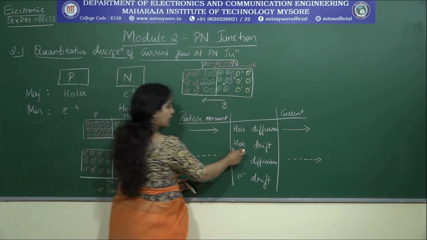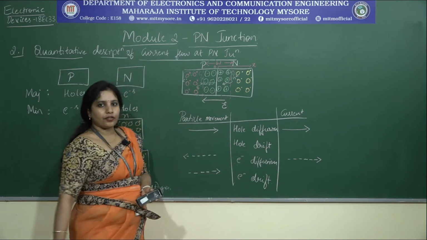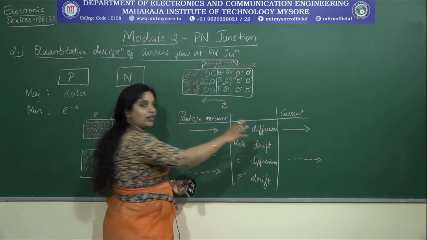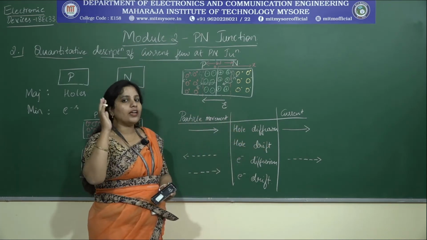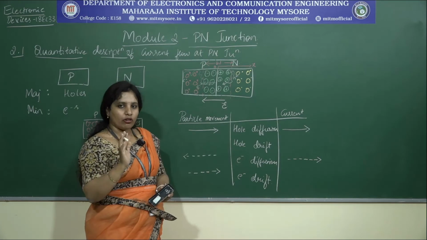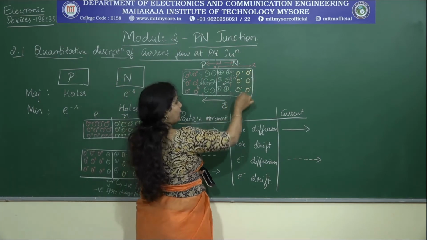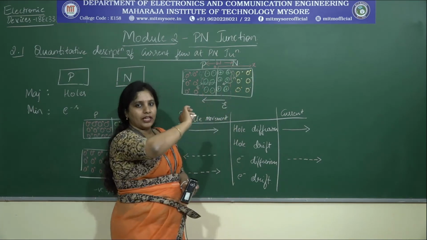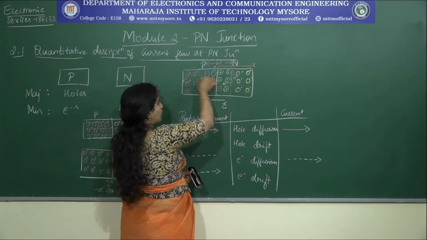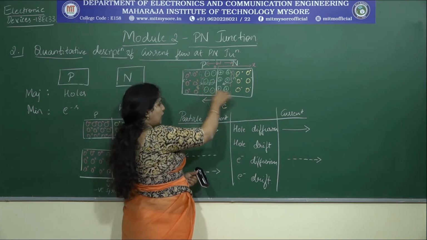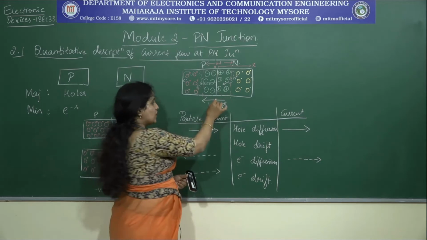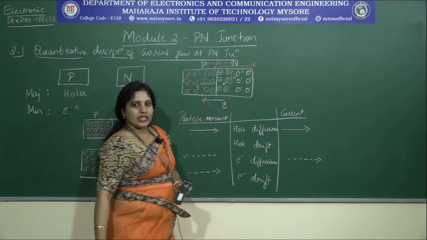Done? Now, if I consider the hole which is getting drifted, always keep this in mind, drift is with respect to the minority carriers. The holes are the minority carriers in n-type material. These holes are getting sucked by the p-type material under the influence of the electric field, which is generated because of the potential difference that exists.